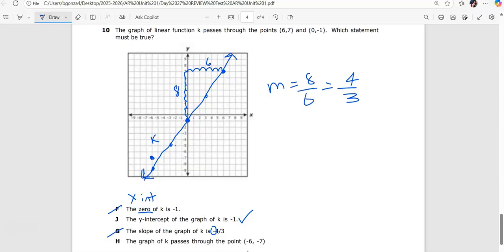You can see (-6, -7) is not going to be on that line k. Too high. So the answer is J. That is your review. Your test is just as many questions, just like this, tomorrow. So make sure you study this and be ready for your test.